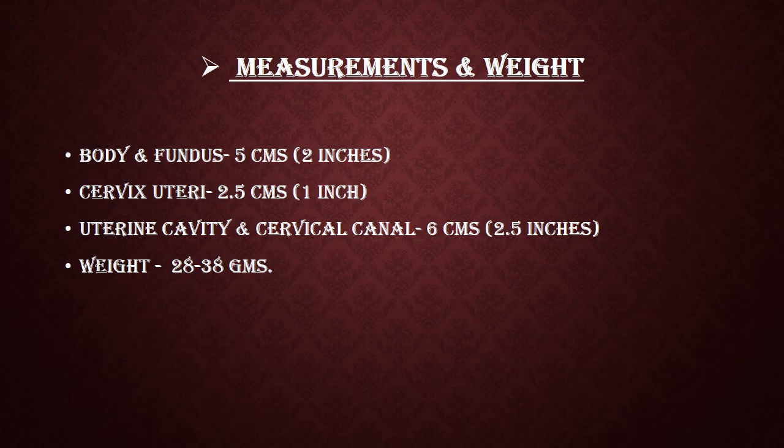Measurement and weight of the uterus: the body and fundus measure about 5 centimeters or 2 inches. The cervix part of the uterus measures 2.5 centimeters or 1 inch.